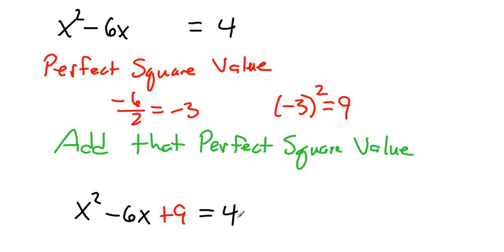But if it's an equation, if you add it to the left side, add it to the right side also, don't you? Because it's an equation, you got to make it balance out. So for this one, you got to add that perfect square value to, here's the key thing, both sides. Because it's an equation, if you add 9 to one side, you have to add 9 to the other side.